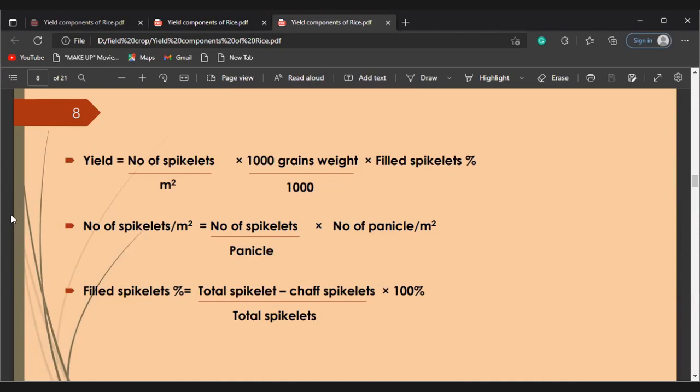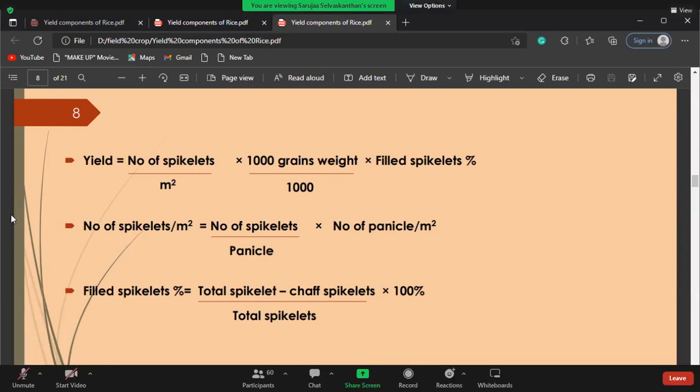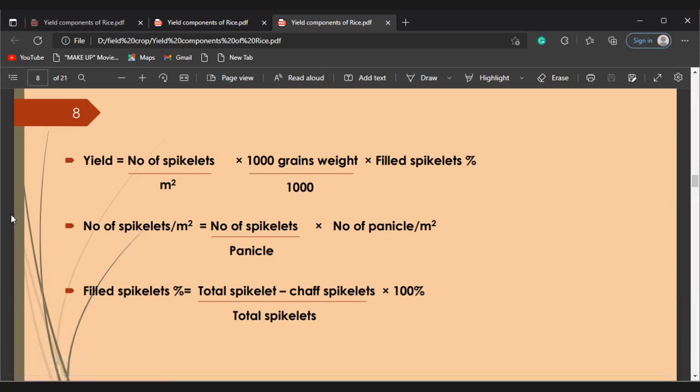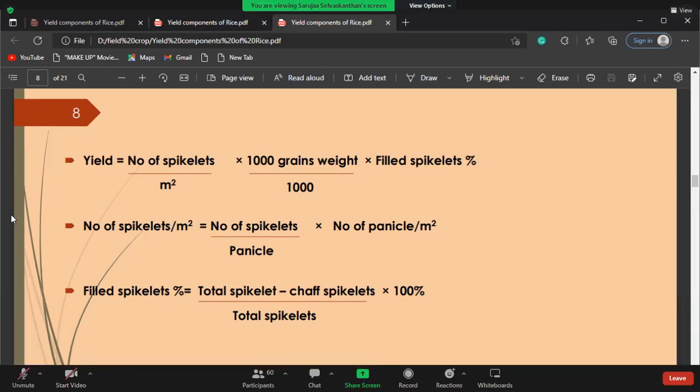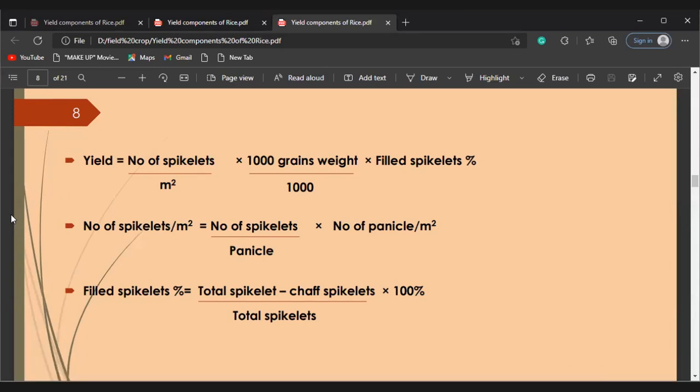Number of panicles per meter squared, 1000 grain weight, and percentage of filled spikelets. Normally in here we discussed three. First one is the number of panicles per meter squared and the number of spikelets per panicle, isn't it? Yes or no? Number of spikelets per panicle, isn't it?